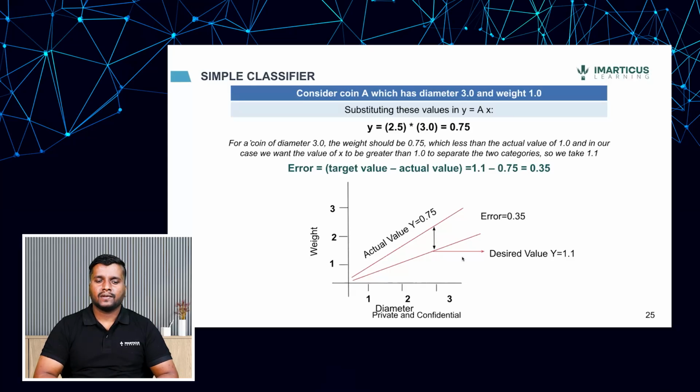So for a coin of diameter 3, the weight should be 0.75, which is less than the actual value of 1, and in our case we want the value to be greater than 1.